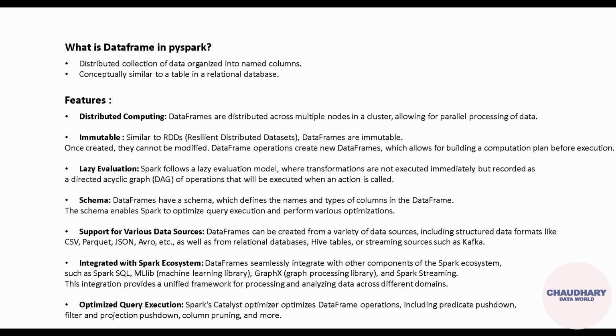But we get that facility in the data frame: there are several built-in optimizers for PySpark data frames with which we can optimize our transformations very easily. So these were pretty much the differences between RDD and data frame. It's a very vital question for interviews, and if you are dealing with practical scenarios as well.